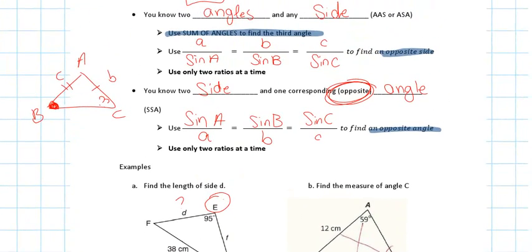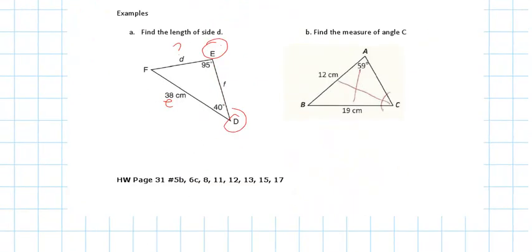So it's going to be side, small d over sine D equals to E over sine E. Okay? Are we okay with this?